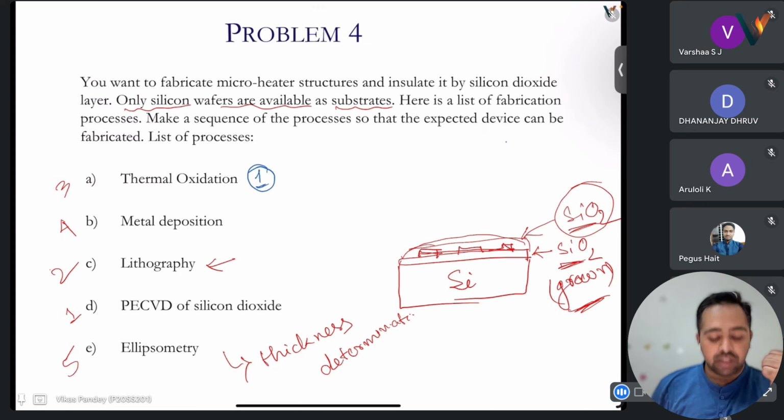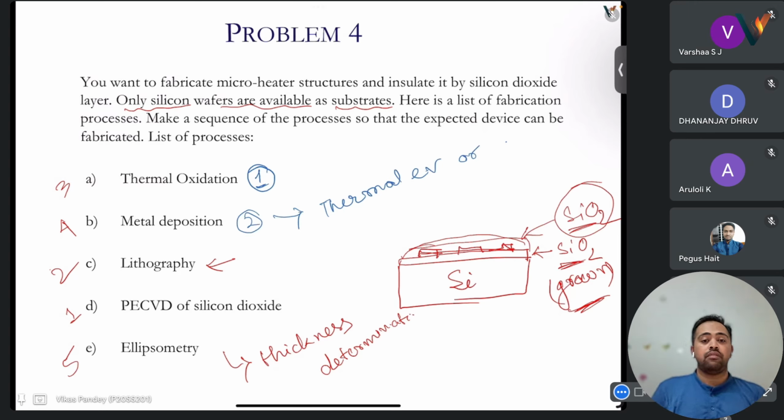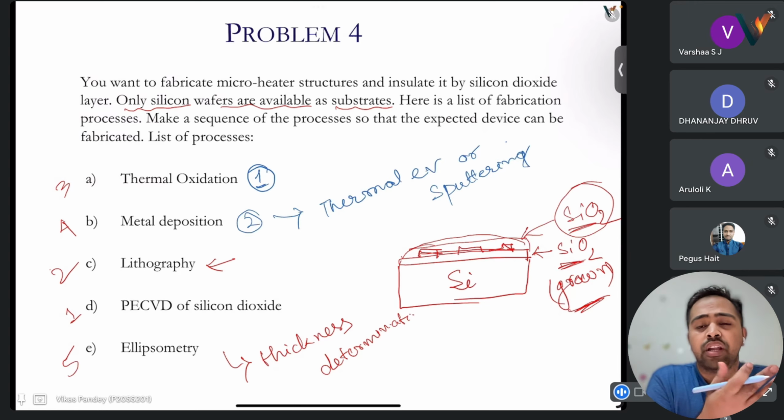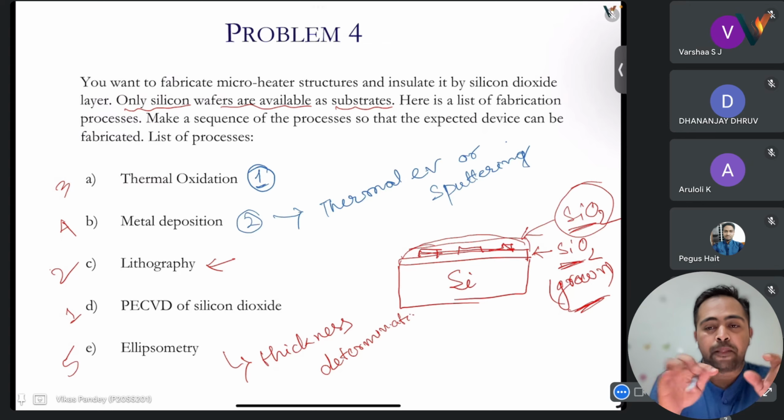The next one is metal deposition, which can be done using thermal evaporation, or sputtering, or e-beam, depending on what system or facility we have. Then we need to pattern this metal for our heater.